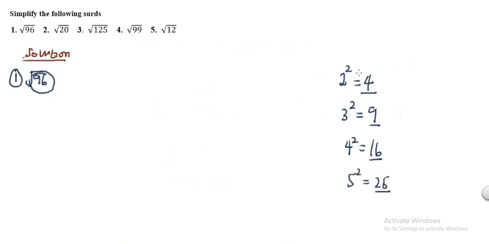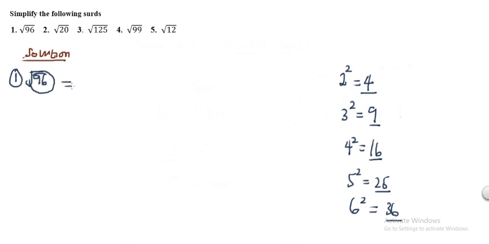So numbers that have a root which is a whole number are perfect squares. Now in this case, you also have 6 squared, 7 squared which is 49, and so on. So you need to be able to find these numbers inside your root.